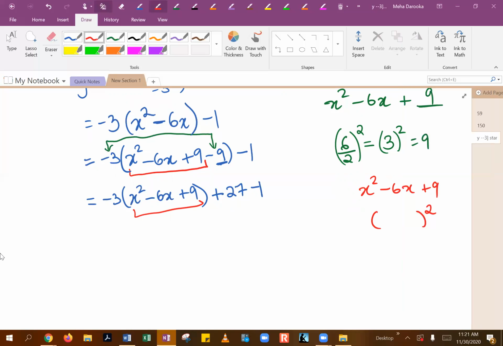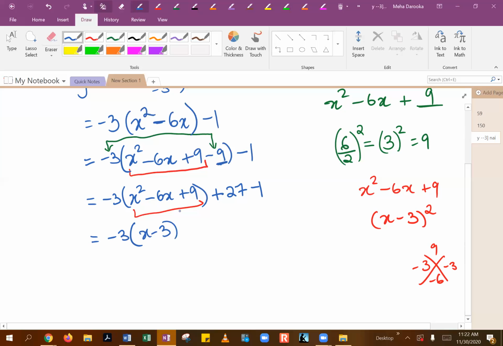Very nice. So this becomes x minus 3 squared because, again, 2 numbers that multiply to give you 9, but add up to give you -6. So that would be -3 and -3. So that means -3 on the outside. This will factor into x minus 3, the quantity squared.